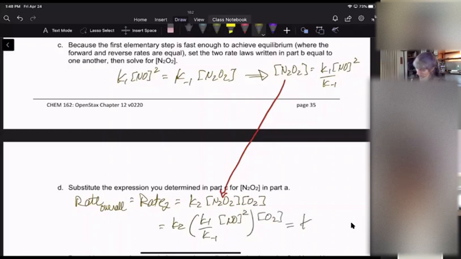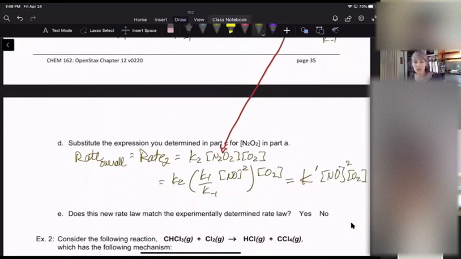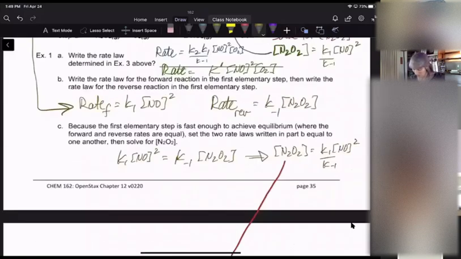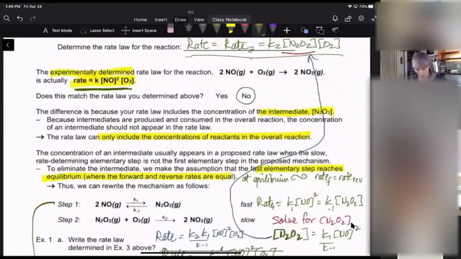We'll give that a new value, K prime. And then does that match our experimentally determined one? It does. That was given right up here at the top. NO squared O2.